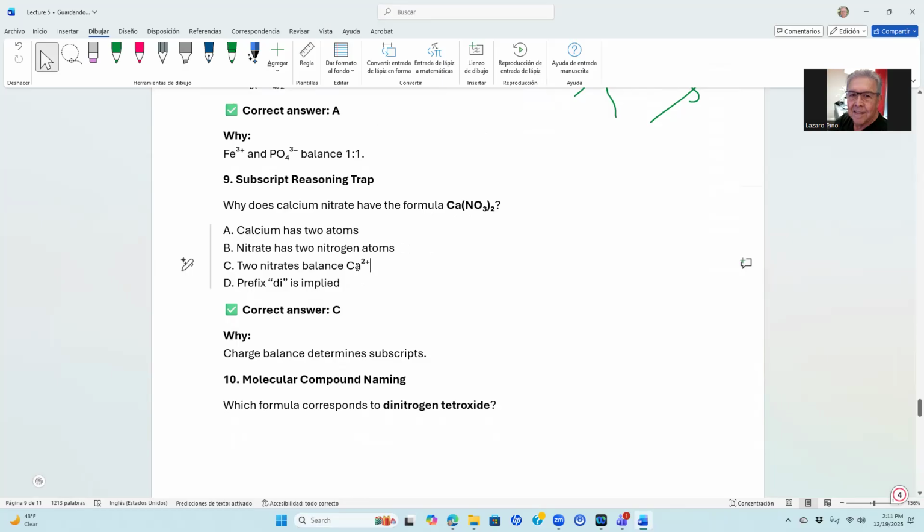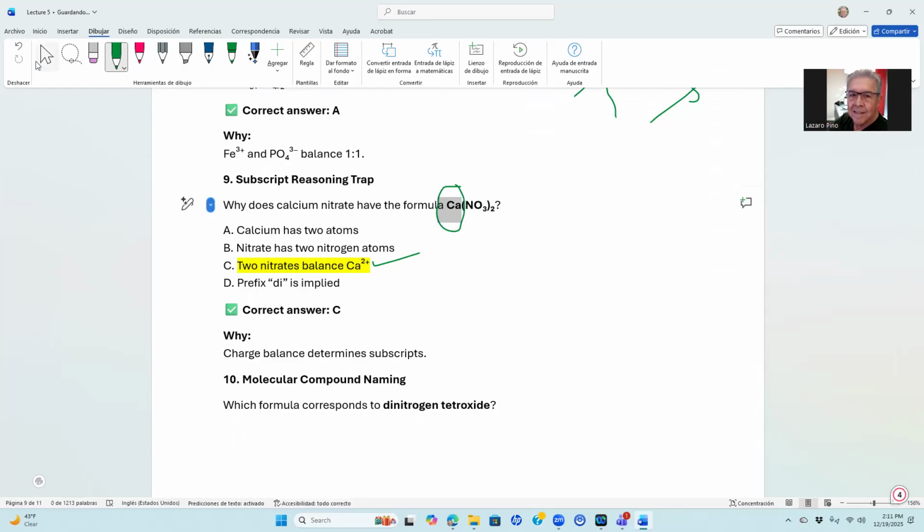Yes, that's right. This is the answer. And then prefixes, no prefixes because we begin here with a cation, and with cations at the beginning, you don't use prefixes. The correct answer is C. Why? Because charge valence determines subscripts.